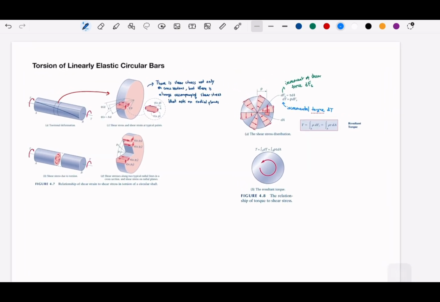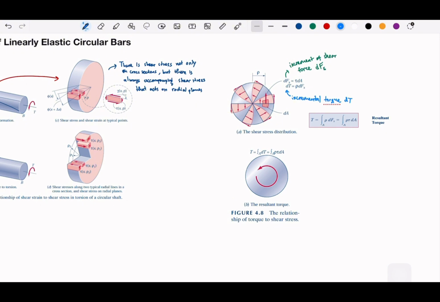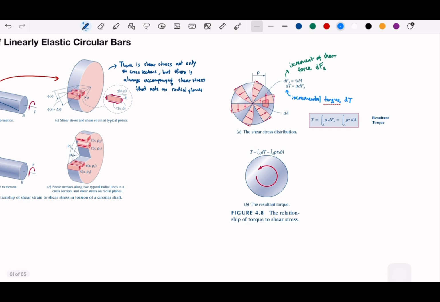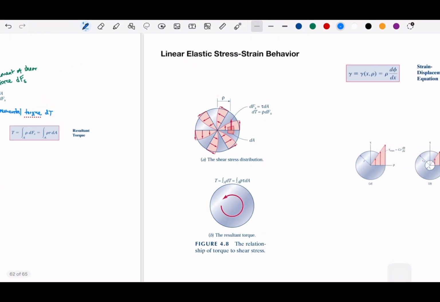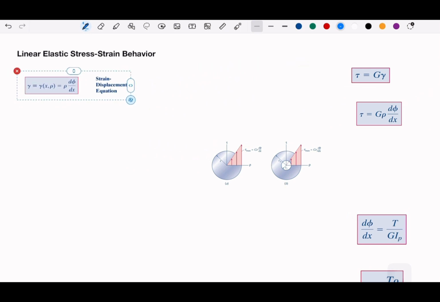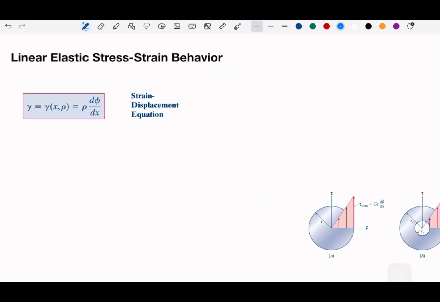Okay, now from this resultant torque, we can also correlate with the stress strain behavior using the shear modulus. So the strain displacement, as we got from the previous example, we have rho and d psi dx, that is the twist rate.